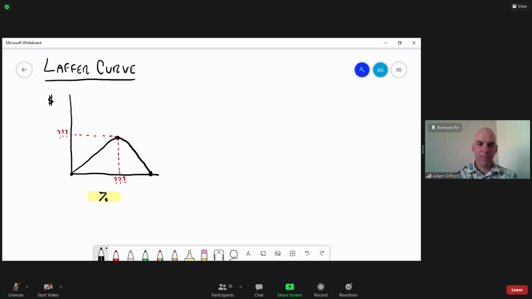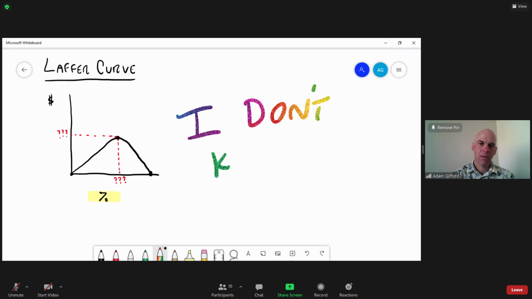So the overriding concept here was, what happens when you change the tax rate? What happens when the tax rate goes up, or when it goes down? The only full true answer is, I don't know, because you don't know what's going to happen to tax revenue.